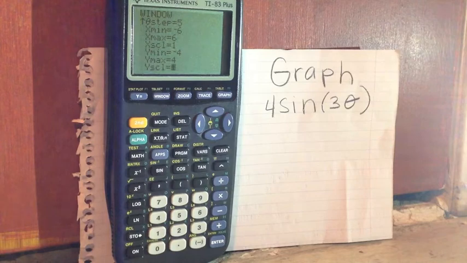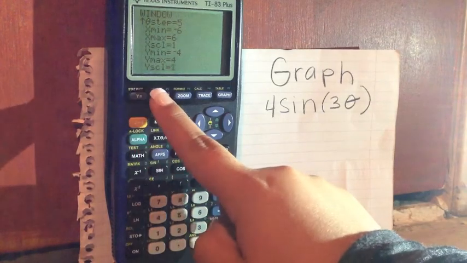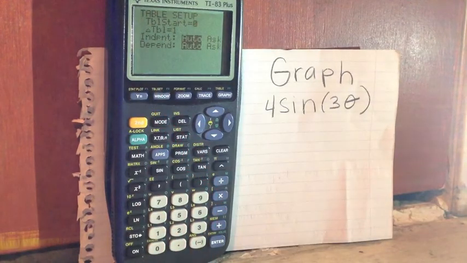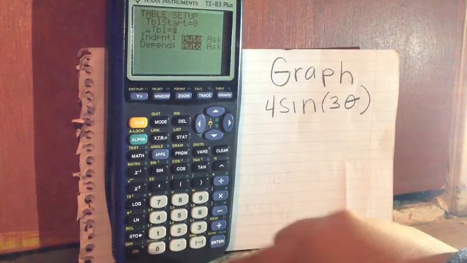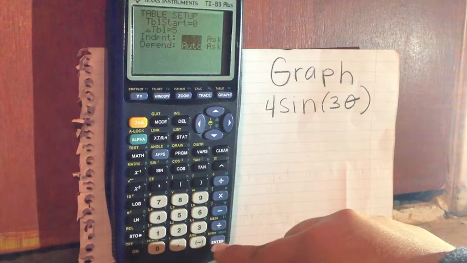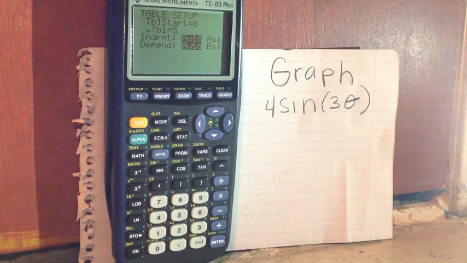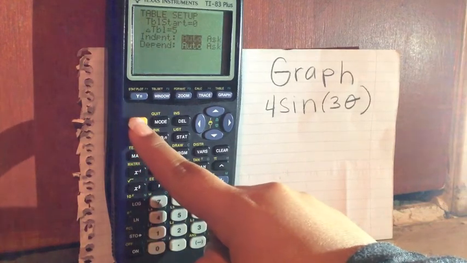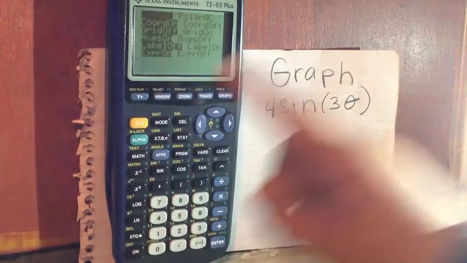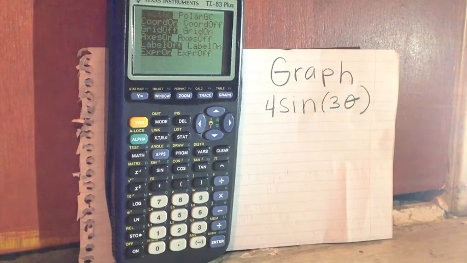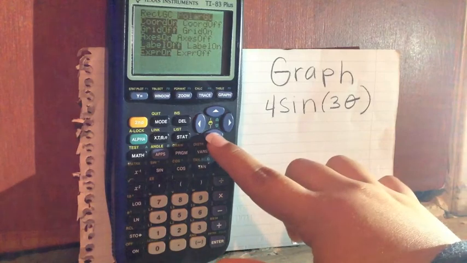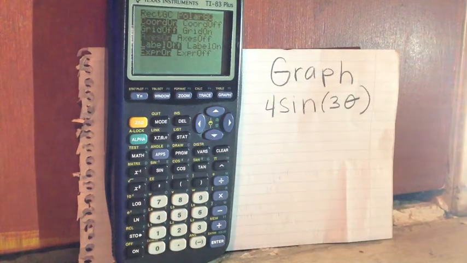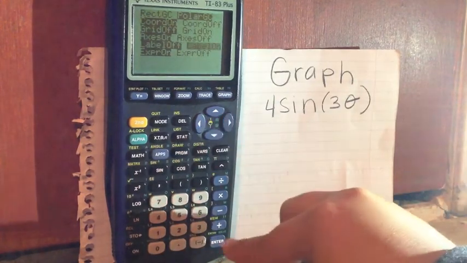After that, we're going to go second window, and we're going to set that to 0 and 5. The next step is going to be pushing second, zoom, and making sure polar GC is highlighted, as well as label on.